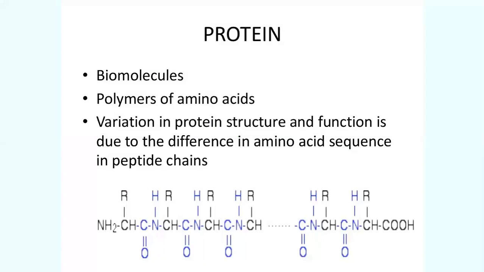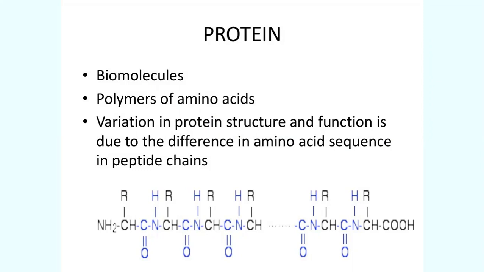Proteins, we just saw, are biomolecules, polymers of amino acids, and structural variation also affects the function of the protein. We have seen this. That means if there is a difference in the amino acid sequence in the peptide chain, that could lead to variation in the protein structure, which could ultimately result in a changed function of the protein.